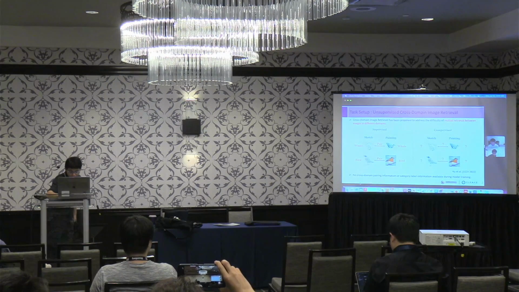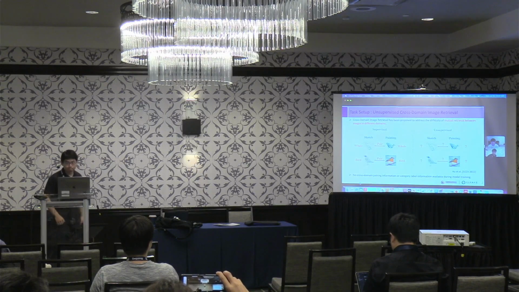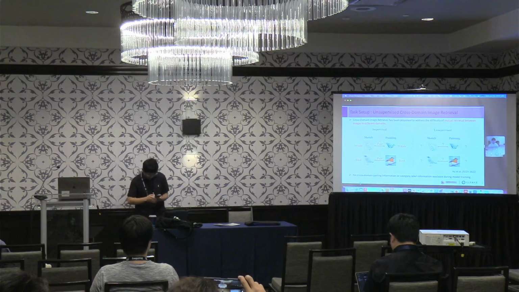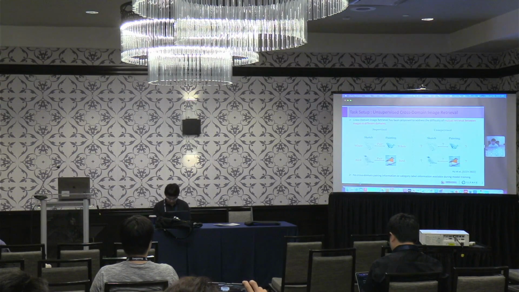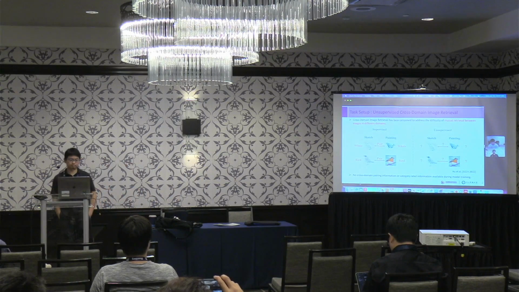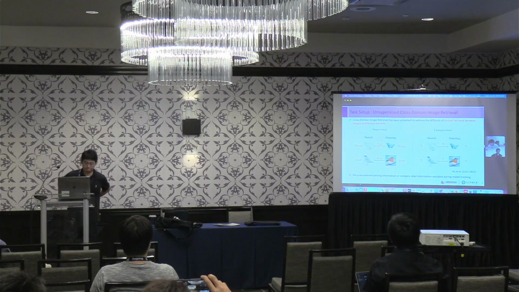Furthermore, due to the challenge and high cost of obtaining data labels, a more realistic task named unsupervised cross-domain image retrieval has shown up. As you can see, our setting is unsupervised, which means we have no labels or corresponding relationships between images.